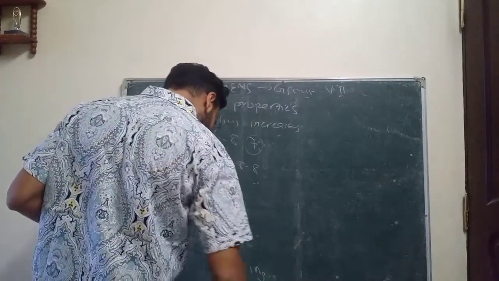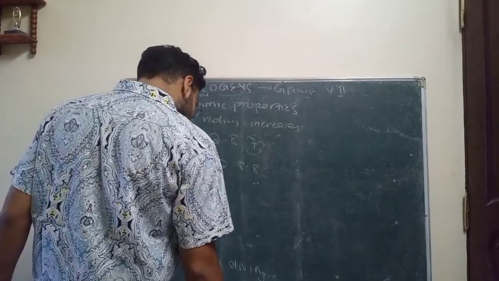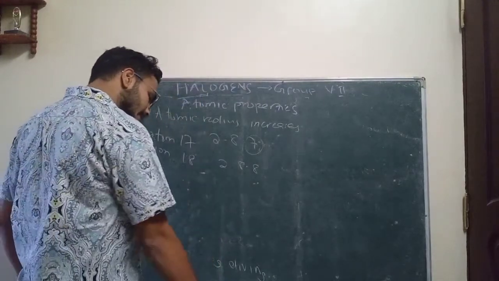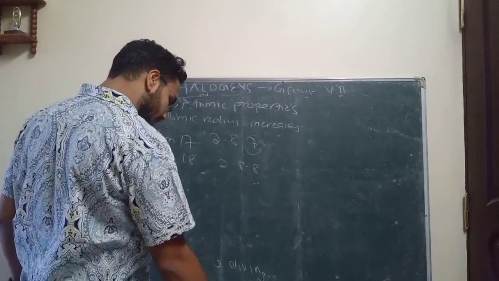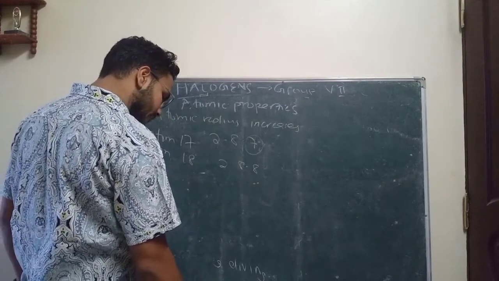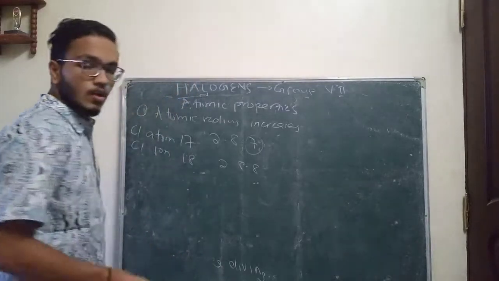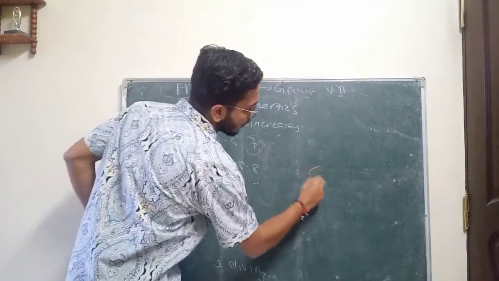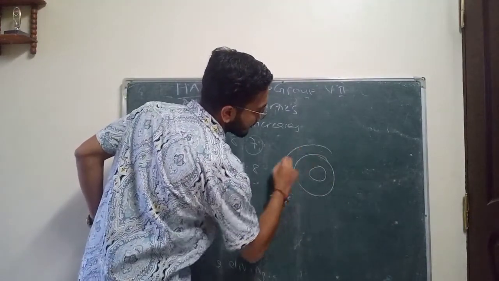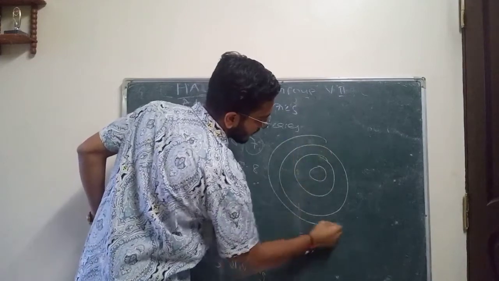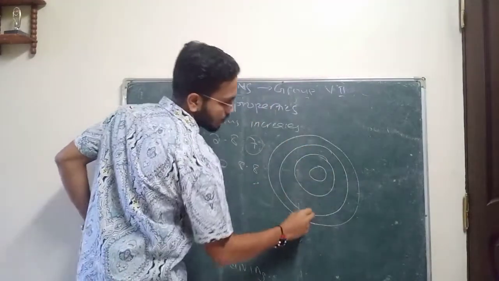Or another explanation is that the ionic radius is larger than the atomic radius since halogens react by gaining one electron. Hence the gained electron is repelled by the existing electrons, and the ion bulges out. What do I mean by this? We have a chlorine atom here. Let me just draw the outermost electrons.